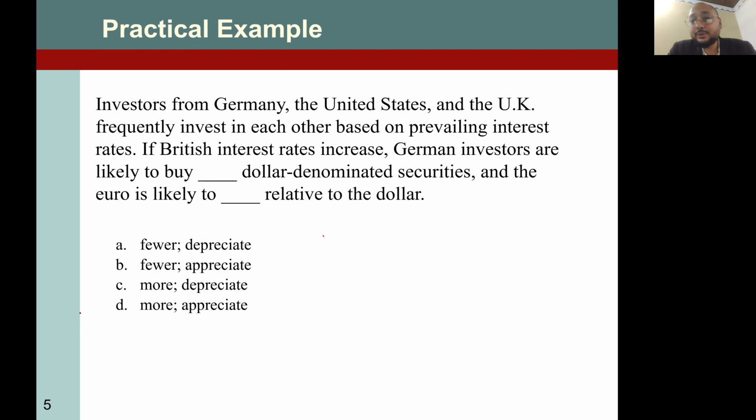Basically there are three countries, but now you need to see who is invested where. But if the British interest rate rises, and we're talking about Germans, what do we know here? It's quite an interesting and challenging question.